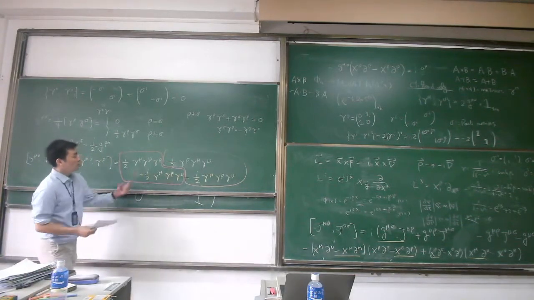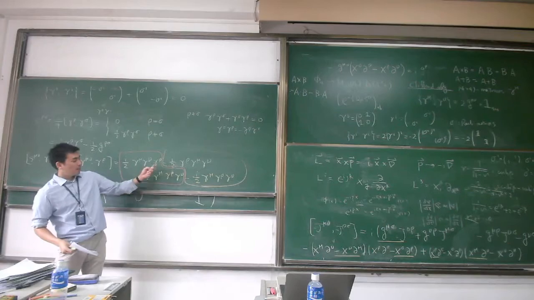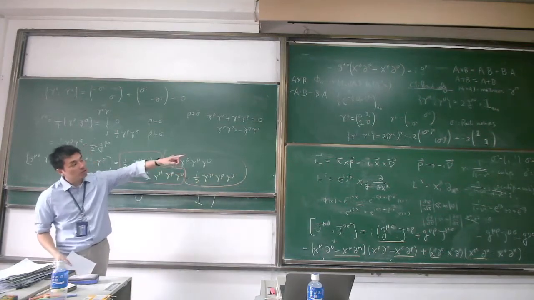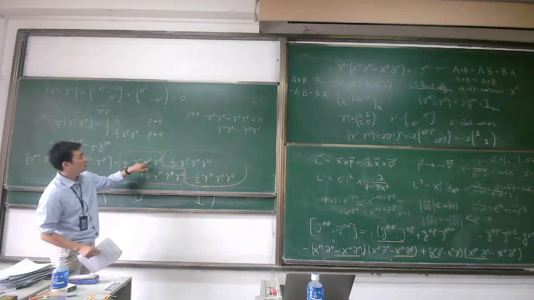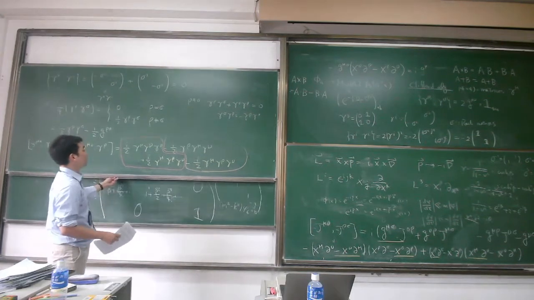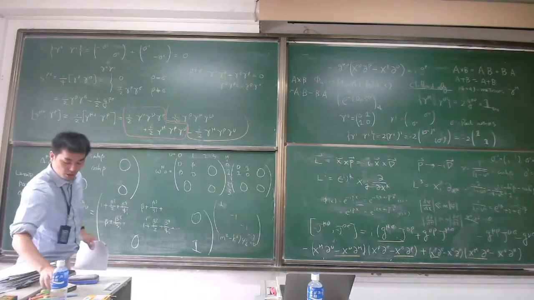Okay. So gamma nu gamma rho plus gamma rho gamma nu is equal to 2 times the metric g nu rho.